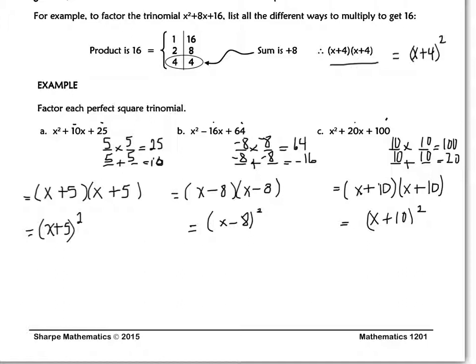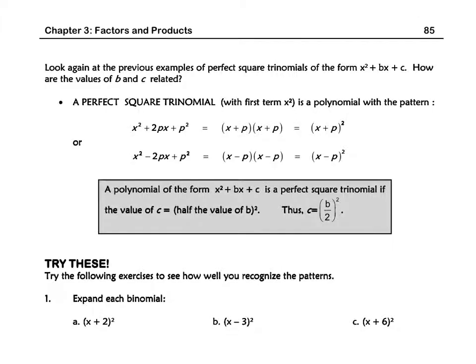And some people look at it from the middle coefficient and say, if I take half the middle coefficient, which in the first case is half of 10, that would be 5, and then you square it, you get 25. So you can look at it from that direction as well. So that's basically what this is saying: a perfect square trinomial has this type of form.